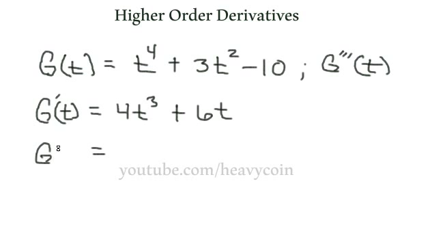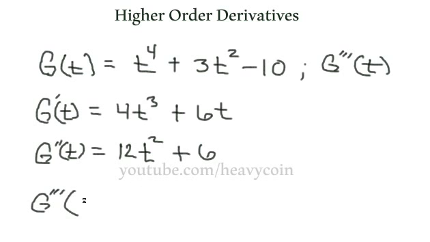Now we're going to find g double prime of t, and that's going to be 12t squared plus 6, and now we're going to find the third derivative of g with respect to t. We get 2 times 12 is 24t. So there you go. That's the third derivative of g of t.